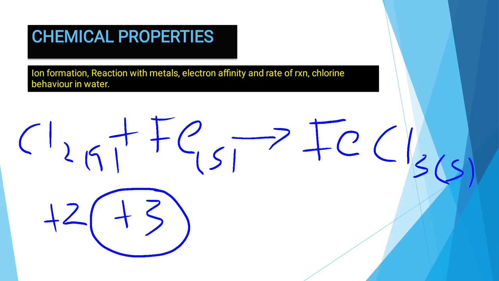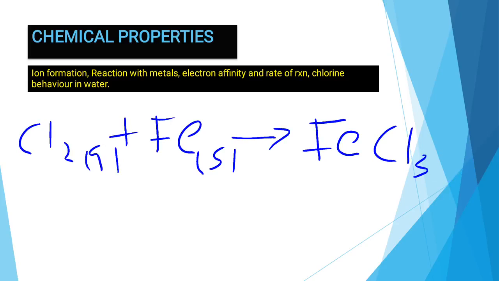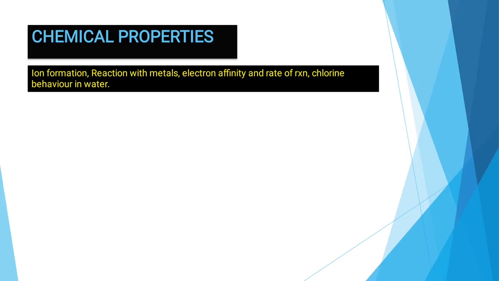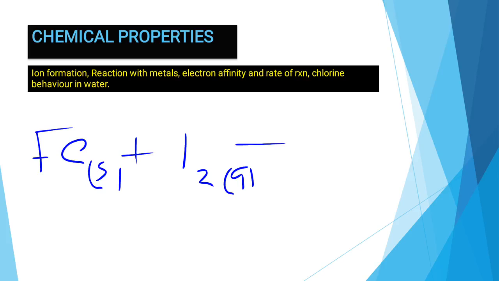If we look at other examples, the reaction of iodine in this case, we react now iron, which is a solid, with iodine, which is, no, iodine is not in gaseous state, yes.